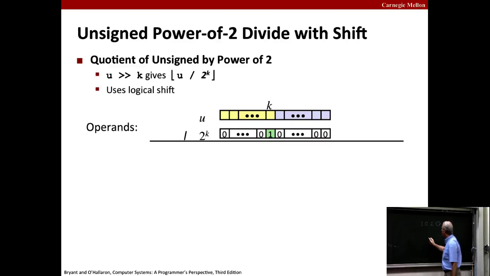Now, here's where, remember I told you in the previous lecture, there's 2 ways to do shifting. There's logical shifting, where you fill in with zeros, and arithmetic shifting, where you fill in with ones. And guess where arithmetic shifting comes in? This is it.